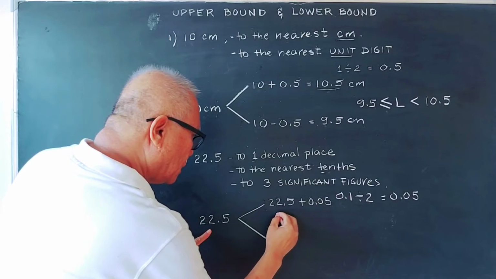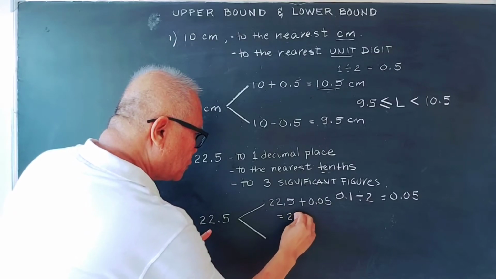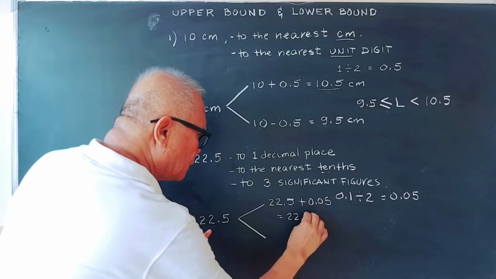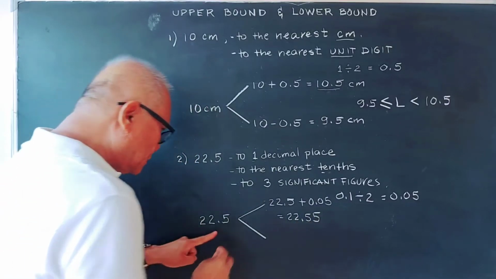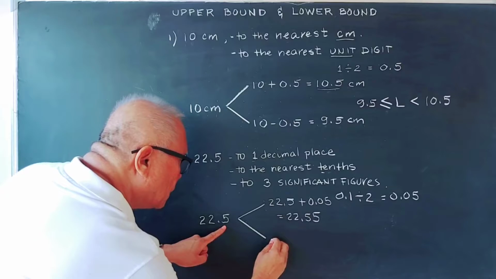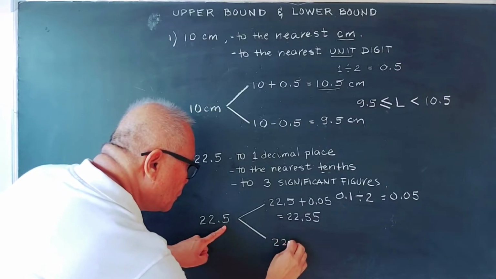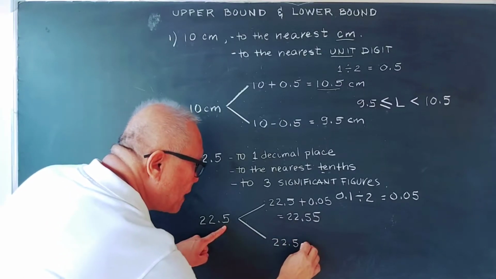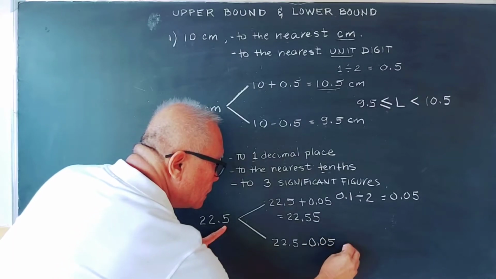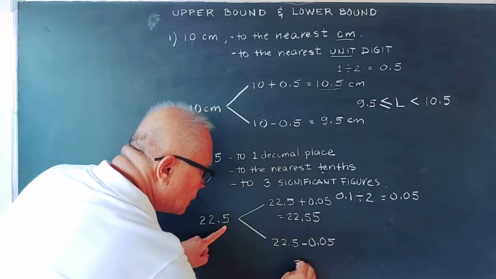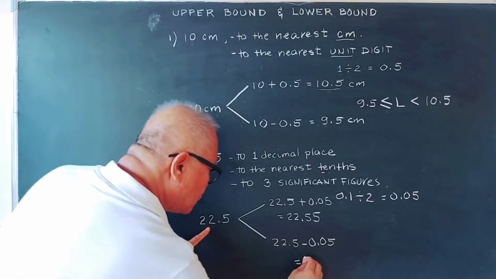So here we will have 22.55. And then in the lower part, we have 22.5 minus that 0.05. So this one is 22.45.